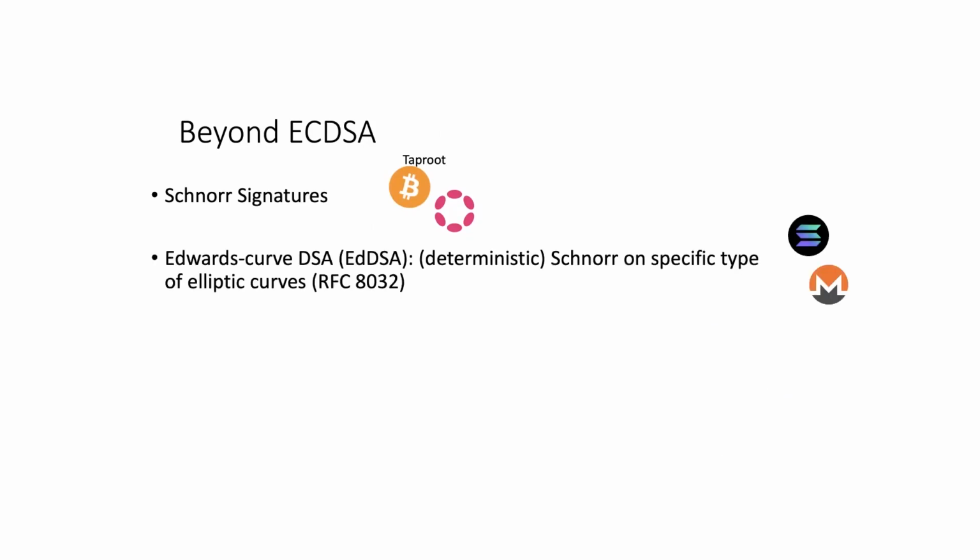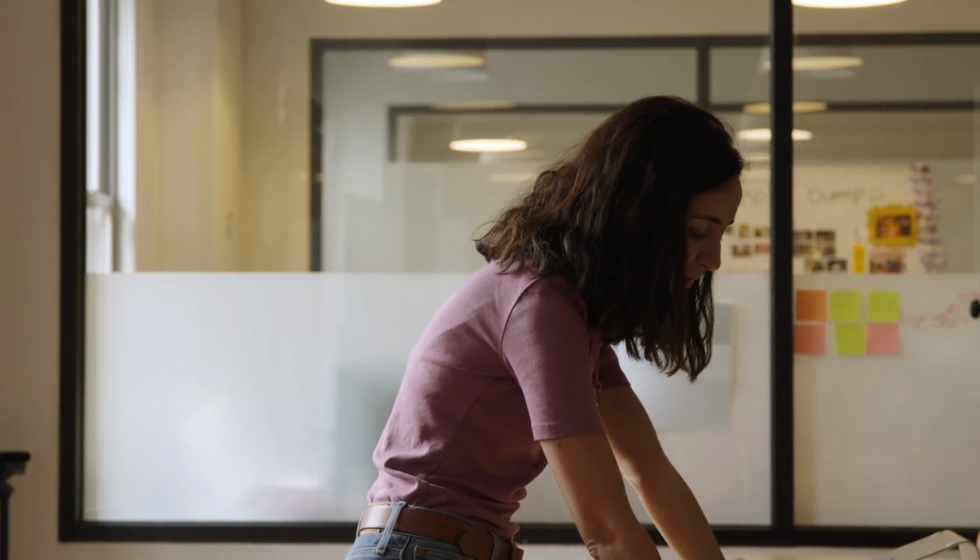And there are also the EdDSA signatures, which are basically the deterministic Schnorr signatures. And we also have BLS signatures, which are adopted by Celo and hopefully Ethereum too. So I will basically go over Schnorr and BLS signatures and then move on with the other different features and properties of signatures.